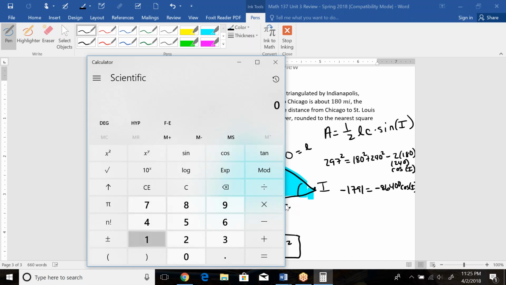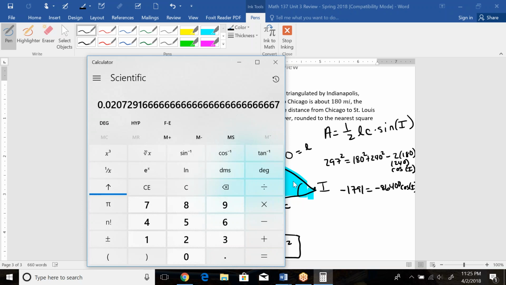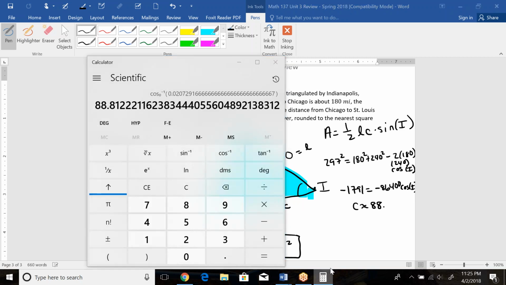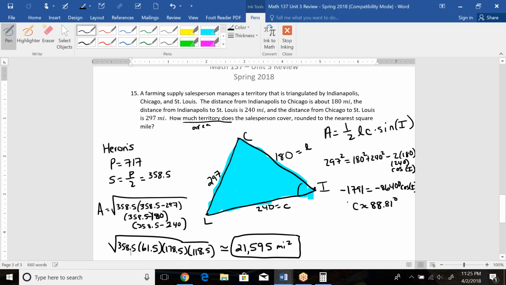They're both negative, so it comes out positive. Then we take the inverse cosine of this, and that comes out to 88.81 degrees. That's for I, so that's this angle right here.